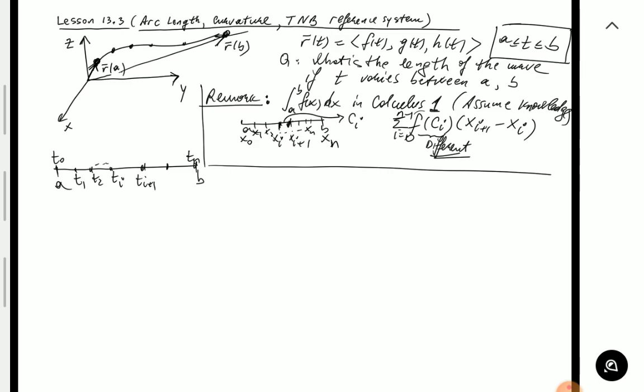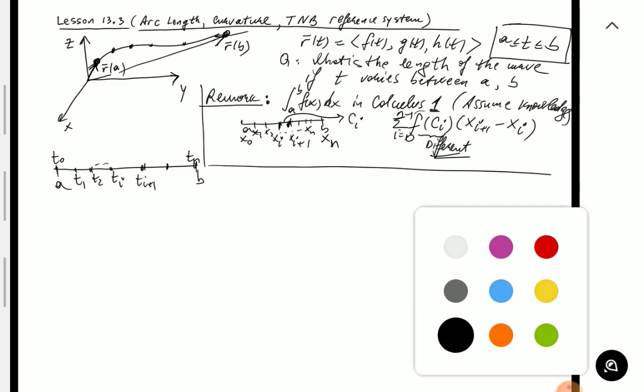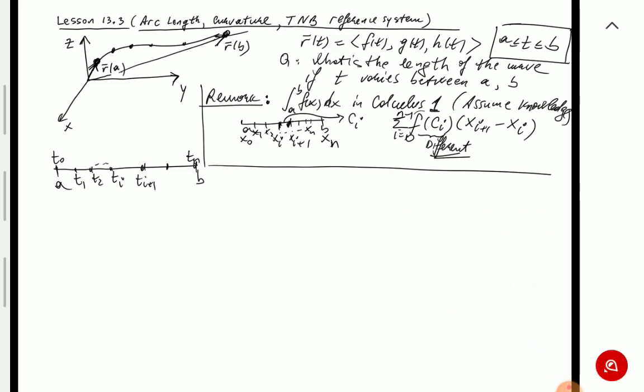So for example, let's do this with a different color so we can emphasize it here. For example, let's say this one over here with green. These vectors, let's say, correspond to R of Ti and then R of Ti plus 1.